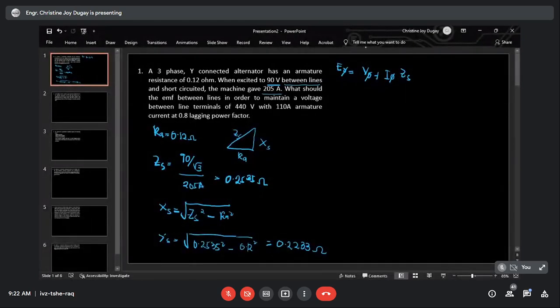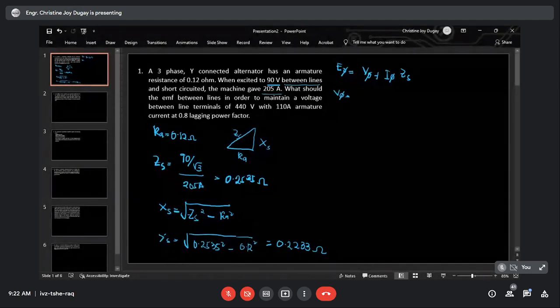How about V phase? May value na po ba tayo ng V phase? Wala pa po, ma'am. Wala pa. Okay, so saan tayo kukuha ngayon ng value ni V phase? From our own problem. Given na po siya, ma'am. Yung 440 over square root of 3, ma'am.